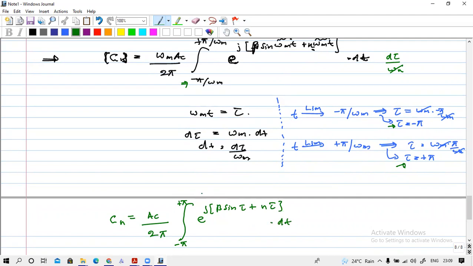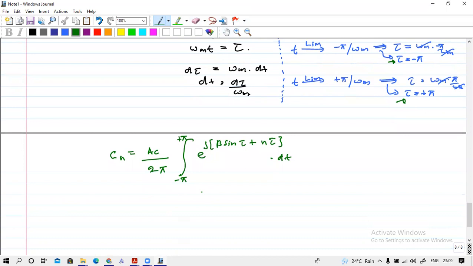If you check this part, it is directly related with the Bessel function.